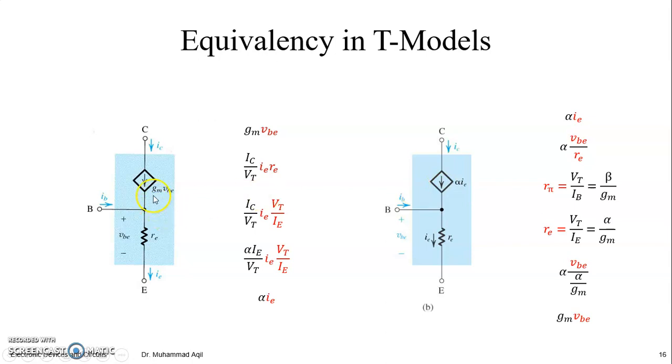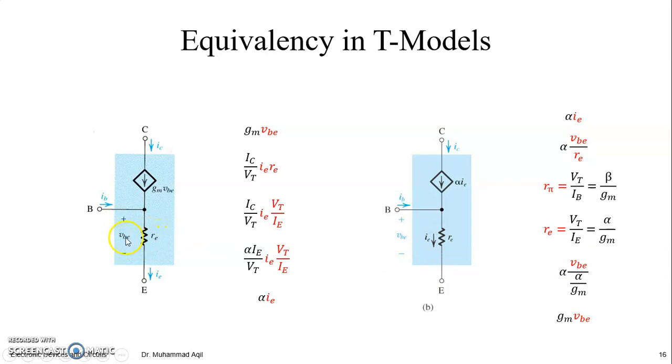One with explicitly writing the collector current to be GMVBE and one with explicitly writing the collector current as alpha IE, right? So no difference, because when we find VBE, then GMVBE will be your collector current. When we have VBE, VBE is equal to IERE.